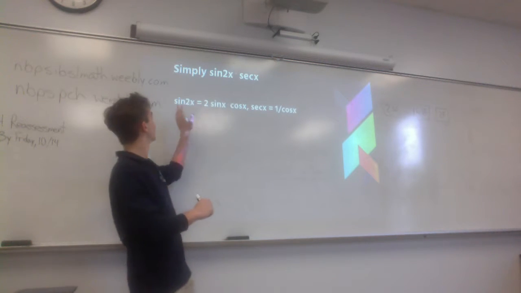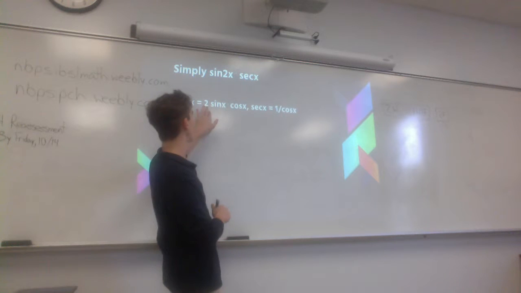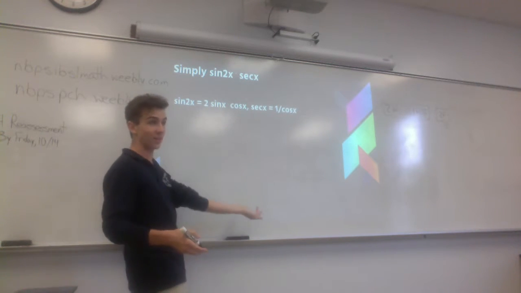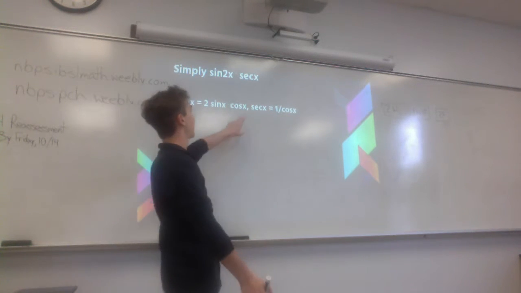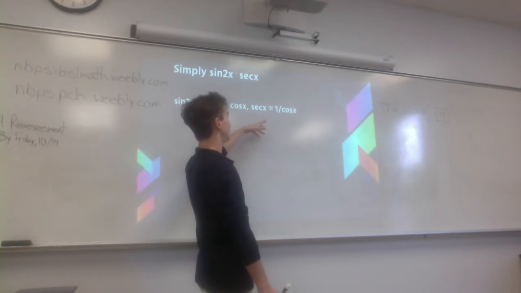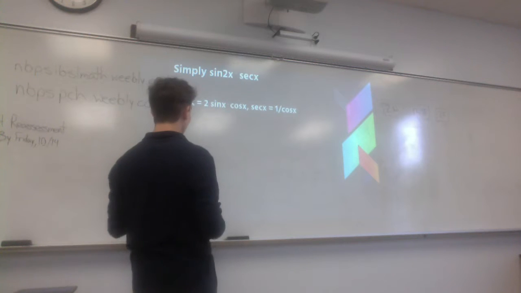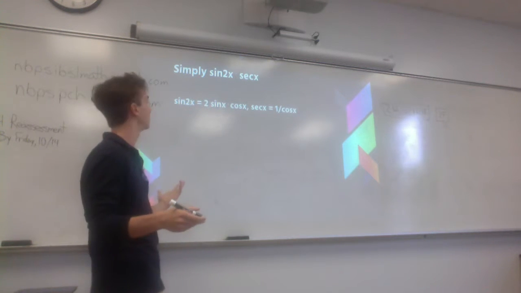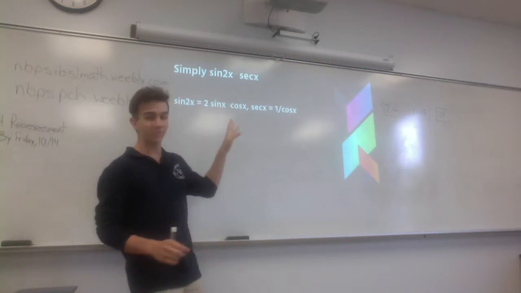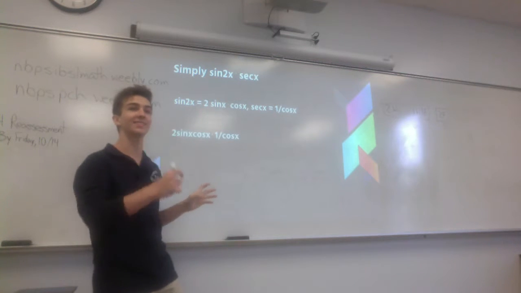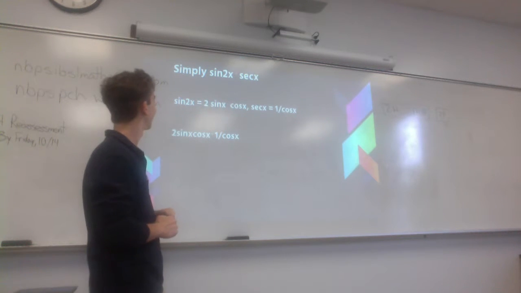So we've got sine of 2x equals 2 sine x times cosine x, which was the double angle formula. And for secant x, using the reciprocal identity, we have 1 over cosine x. So, does anybody know what to do next? Just combine them to see it laid out a little better. Yes, Evan? Do you divide by the cosine?